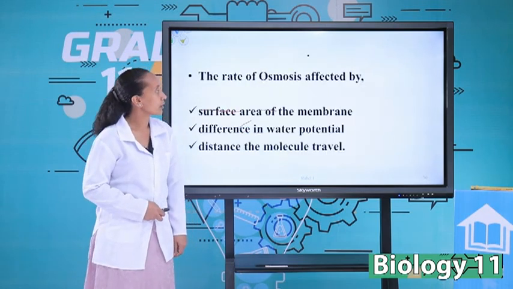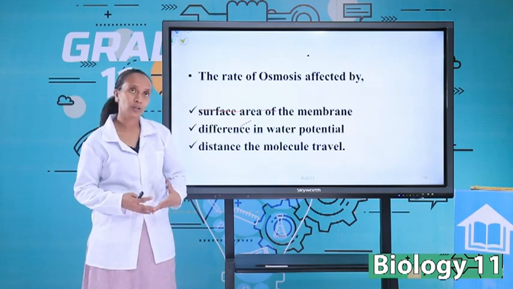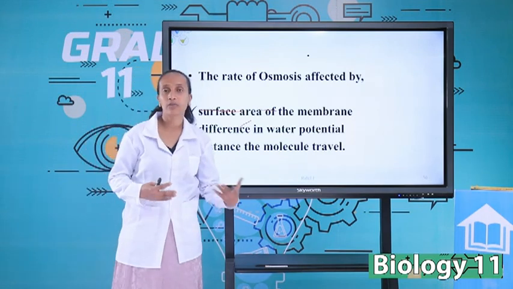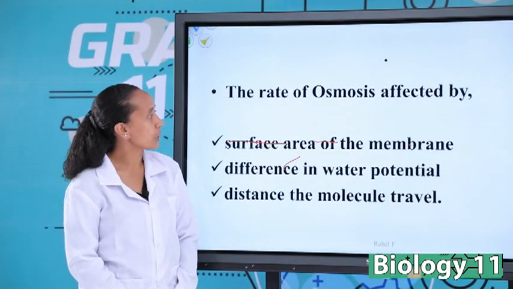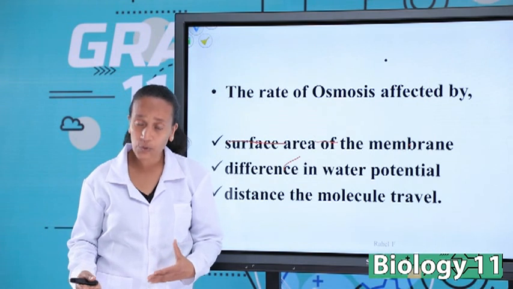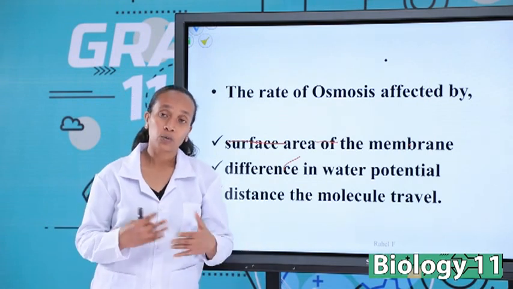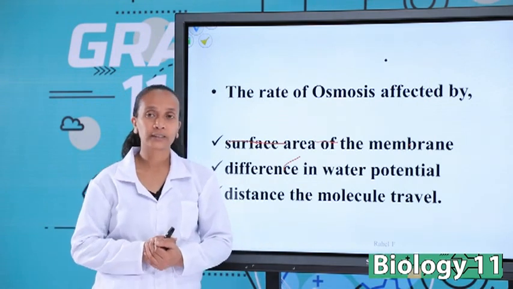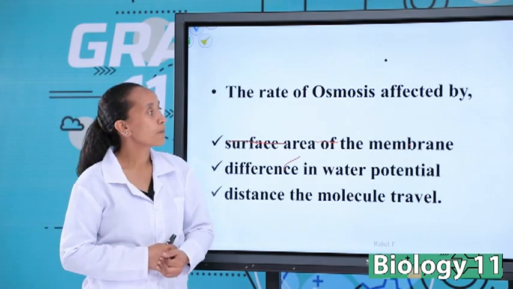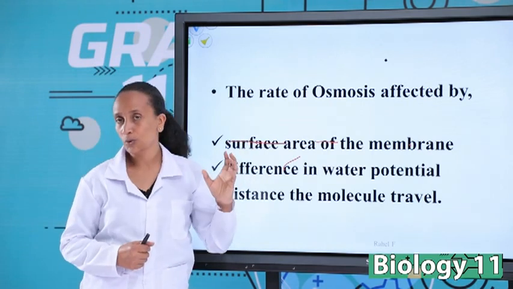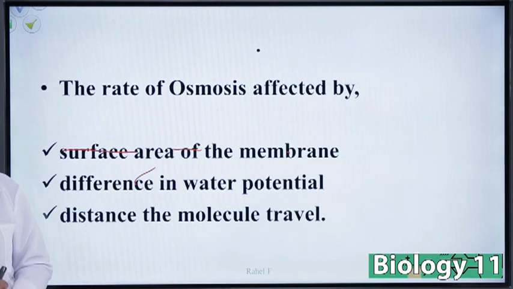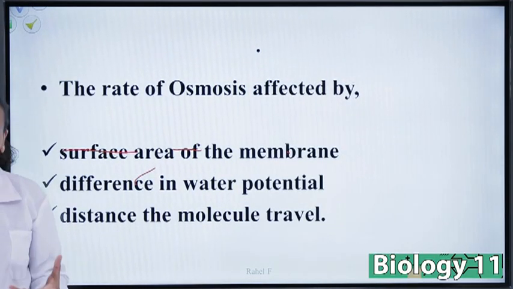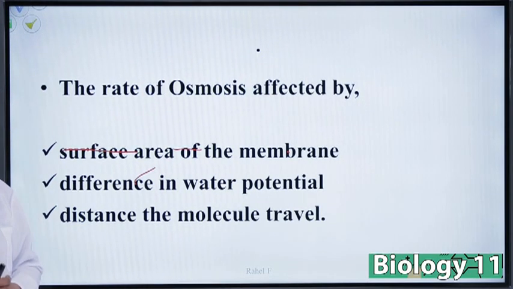Okay, students, in our previous class, when we talked about simple diffusion and facilitated diffusion, we said that these two processes are affected by different factors. Osmosis is the same as those types of transport, and this process is also affected by the same type of factors with a slight difference.